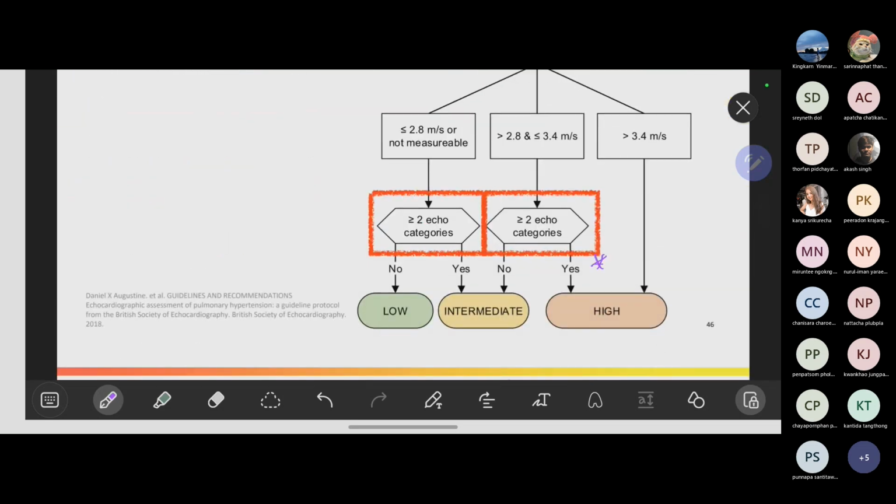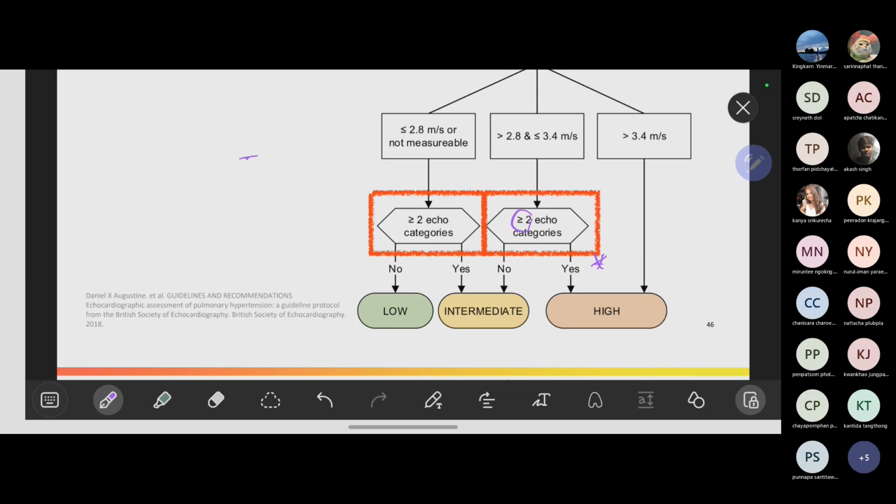Choose echocardiographic signs of pulmonary hypertension. If TR max is present with at least two different categories of echocardiographic sign, it will alter the level of probability of pulmonary hypertension.